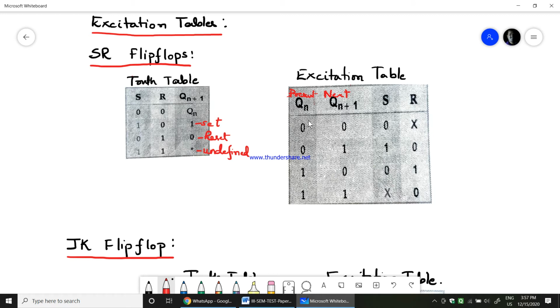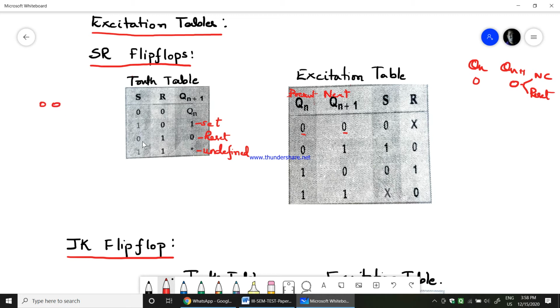Now, if the present state is 0 and the next state is 0, this can happen with two different conditions. So this can happen with no change, and the next state becomes 0 when it is the reset state. No change is when S and R is 0 0.